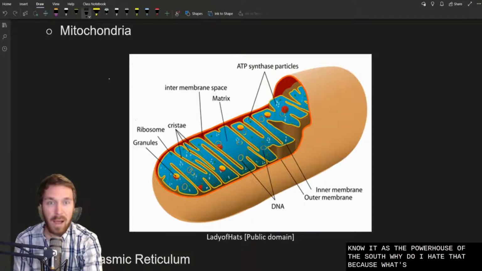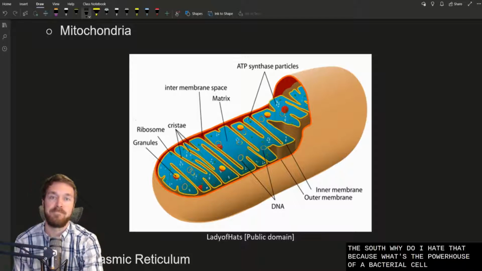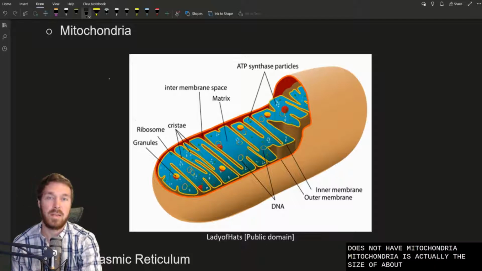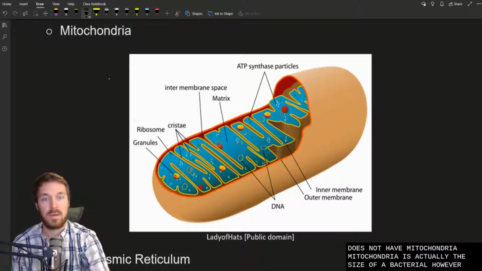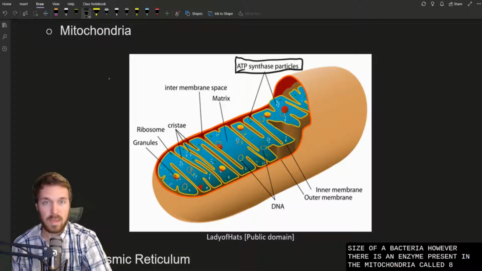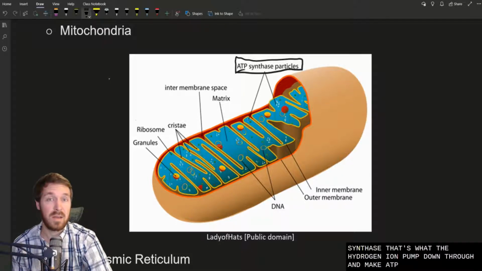Because what's the powerhouse of a bacteria cell? A bacteria does not have mitochondria. Mitochondria is actually the size of a bacteria. However, there is an enzyme present in a mitochondria called ATP synthase. That's what the hydrogen ions pump down through and make ATP. Bacteria do have ATP synthase.